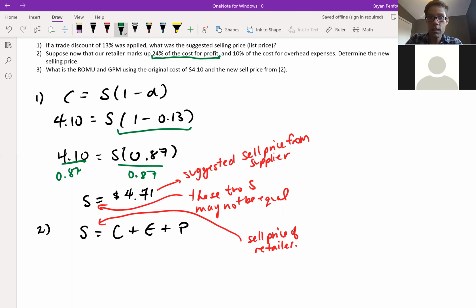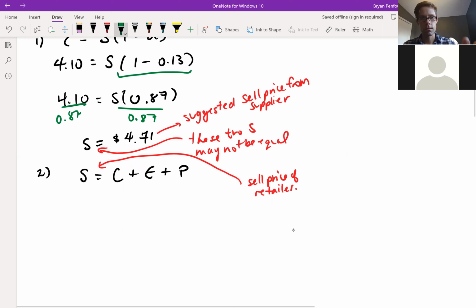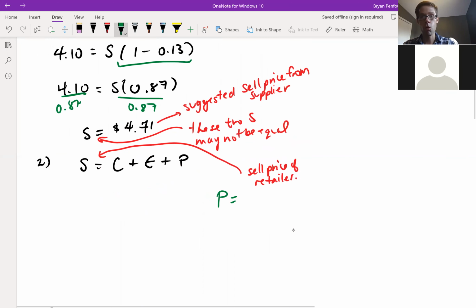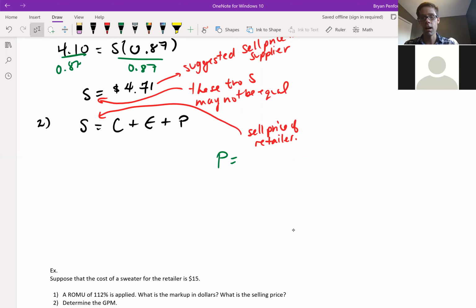The cost for us is $4.10. And we would like to mark that $4.10 up 2 times. The first dollar amount we're going to add is 24% of the cost. Not 25, 24.